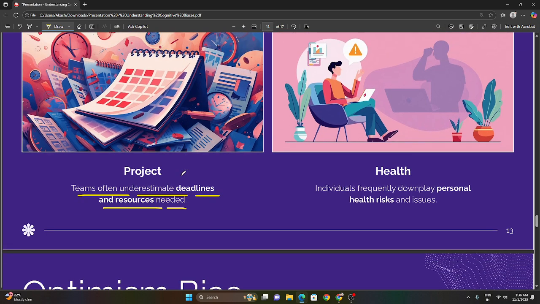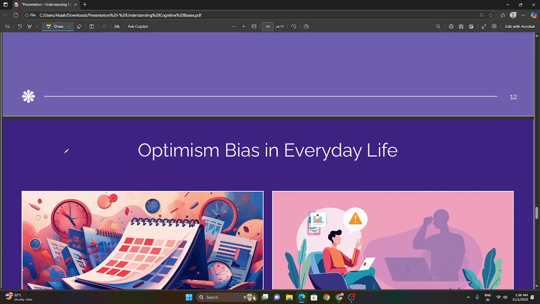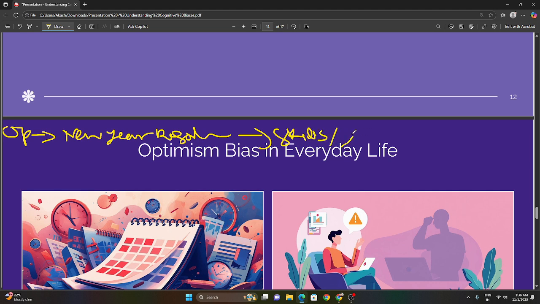That's a great example. We often make this optimistic choice, like a new year resolution. I am going to learn these skills. I am going to excel in this particular opportunity in my life, maybe a business or an idea. At the very starting point we are very optimistic about it, but we often forget life is real.